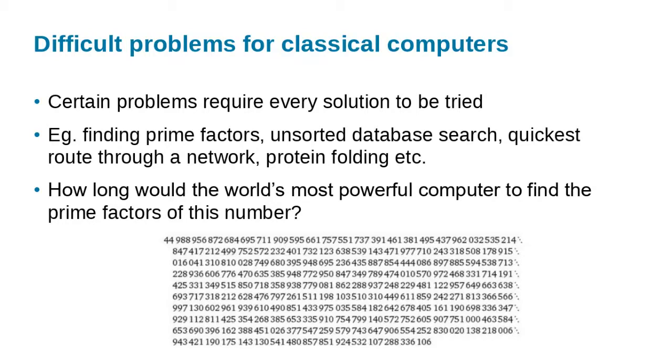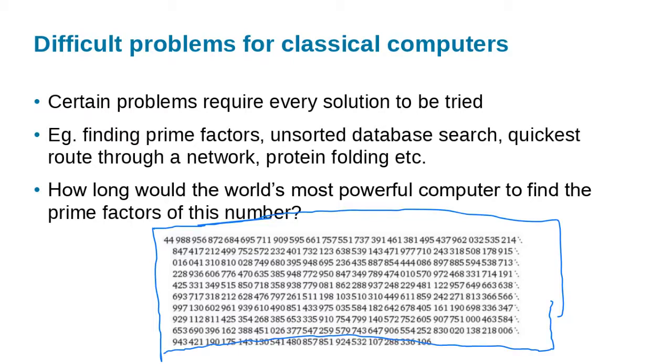So, for example, take this number. It's a really big number, but there's two prime numbers that multiply together to give this number. And so we can try and get a computer to solve that.